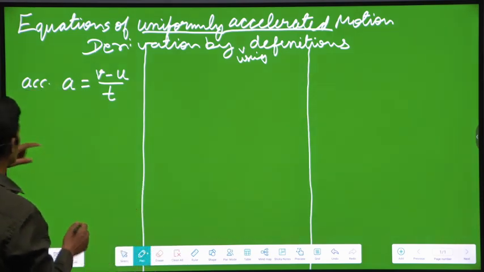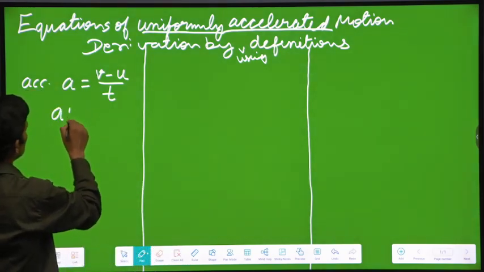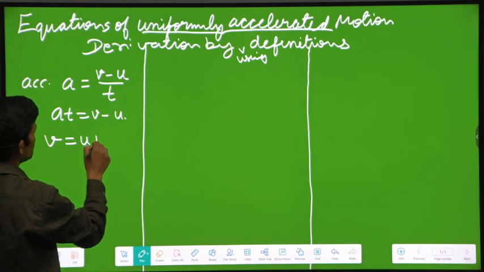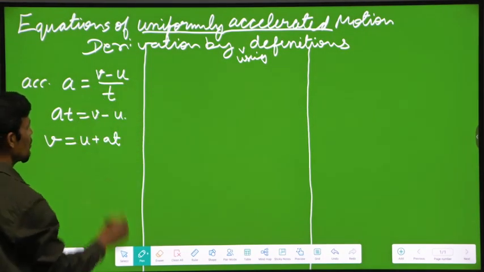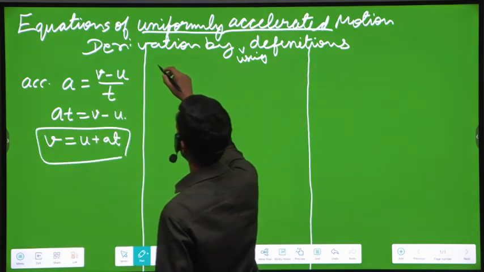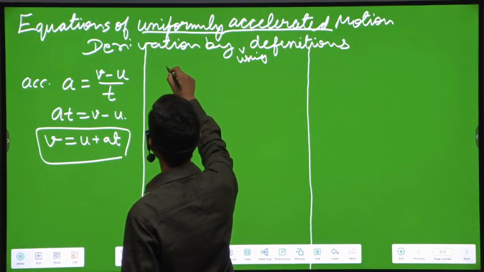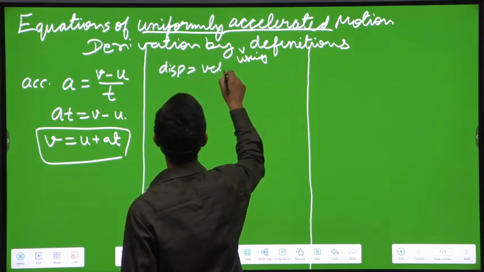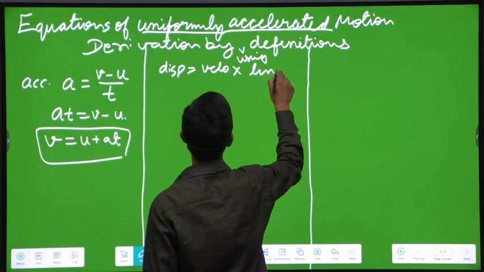So now we will cross multiply it, at equal to v minus u, and hence v equal to u plus at. In the same way, the second equation we will derive by using the fact that displacement is equal to velocity multiplied by time.